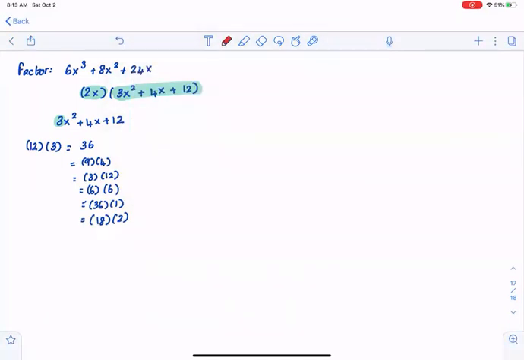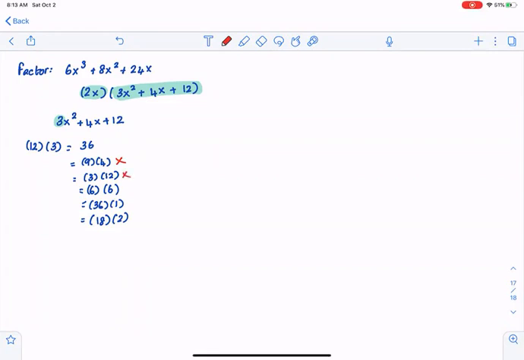Now, you can add 9 and 4 to see if I get 4. 9 plus 4 is 13, so I'm not going to get 4. If I subtract, I'm not going to get 4. Not going to work. 3 and 12, not going to work because 3 plus 12 is 15. 3 minus 12 is minus 9.